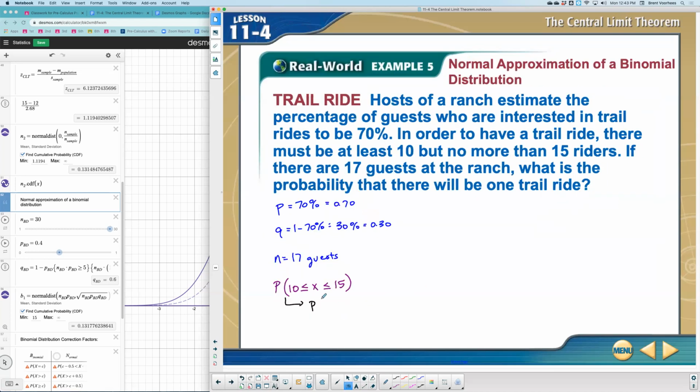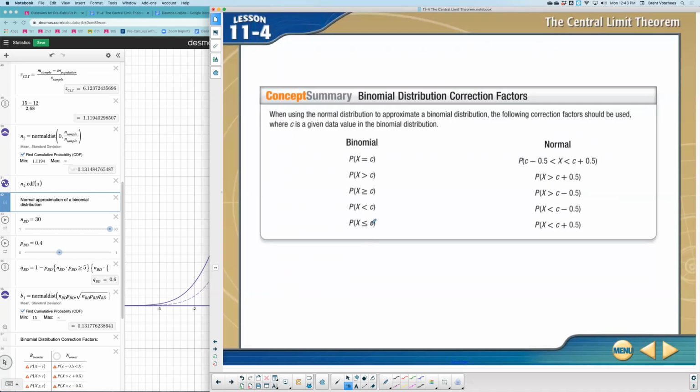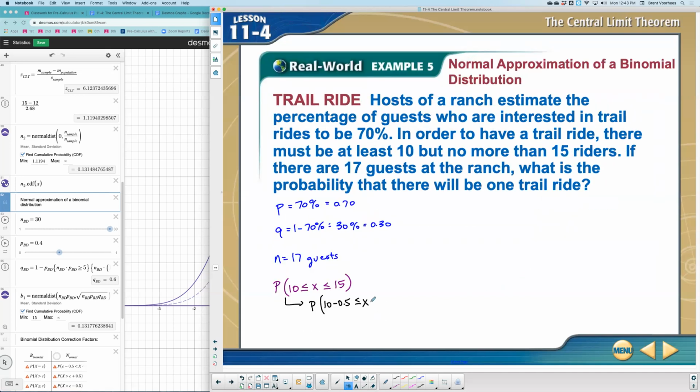So the first value would be the probability of 10 minus 0.5 is less than or equal to x. And now we're going to say less than or equal to 15. What's the probability of being less than or equal to 15? I would add a 0.5. So I need to add a 0.5 here, 15.5. So my actual probability, this is the correction factors.